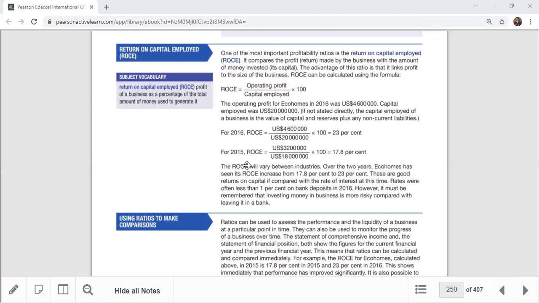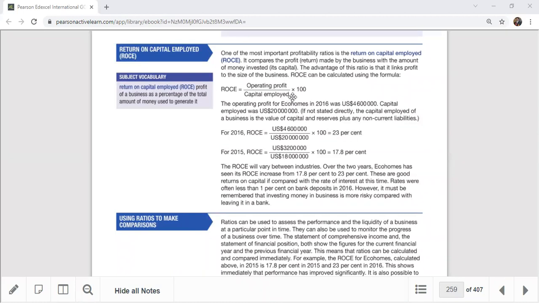For example, in the Eco Homes case study, operating profit is 4.6 million and capital employed is 20 million. If not stated clearly, the capital employed of the business is the value of the capital and reserves plus non-current liabilities. So capital employed is issued share capital plus reserves like retained profits and other general reserves, plus non-current liabilities.